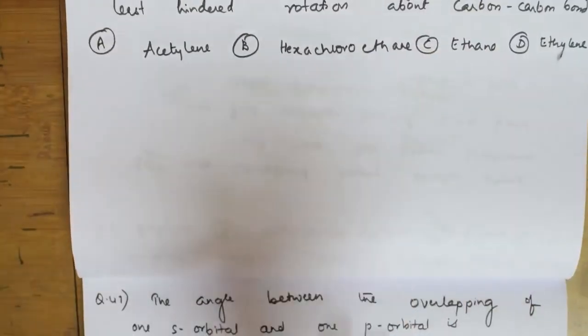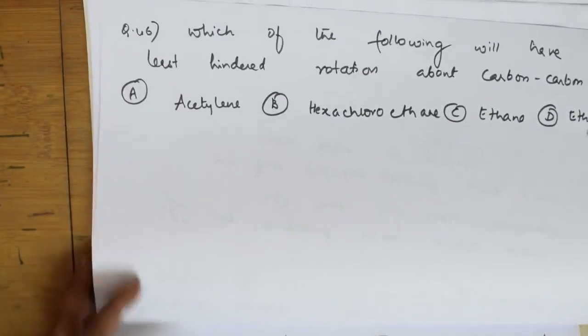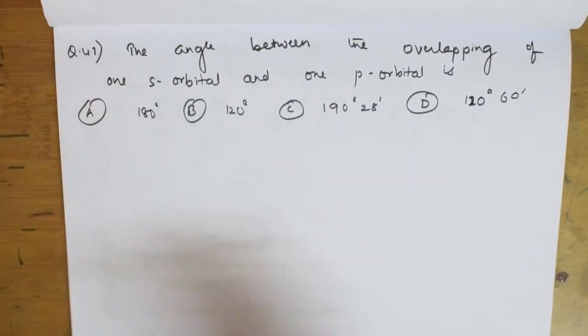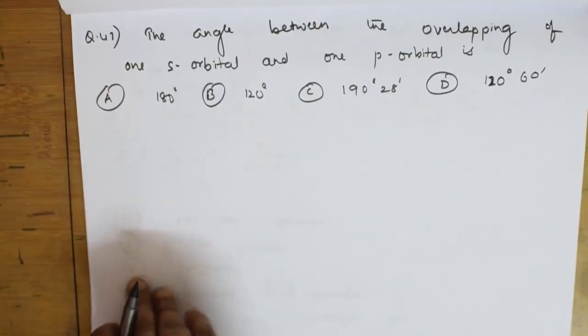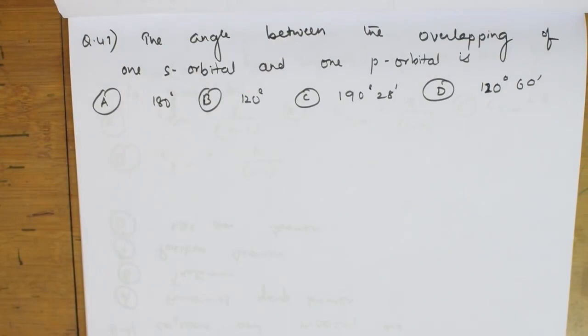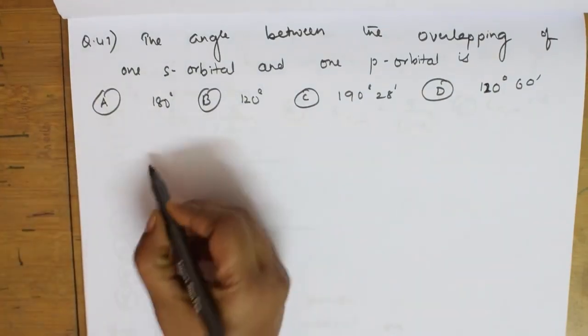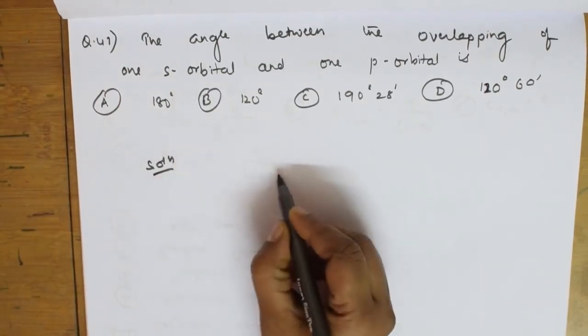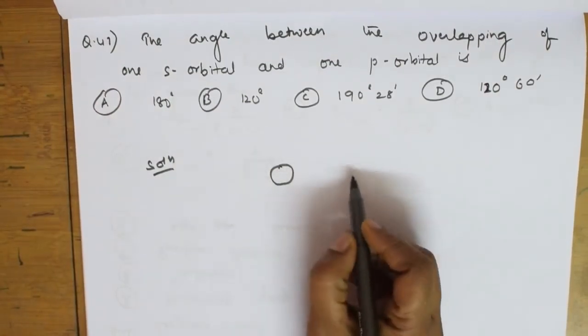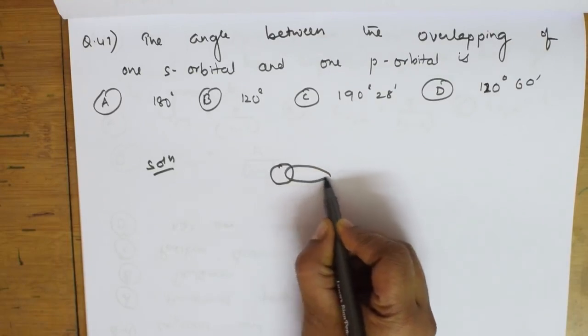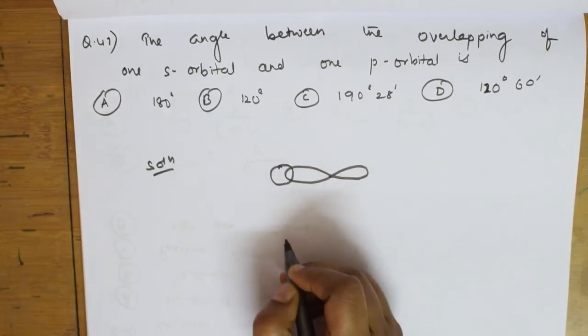Okay, this is the same question repeated. Let's see this. The angle between the overlapping of s orbital and 1p orbital. I think it's the simplest question they've given. So they said 1s. 1s, which is spherical, is combining with one p, which is dumbbell in shape.